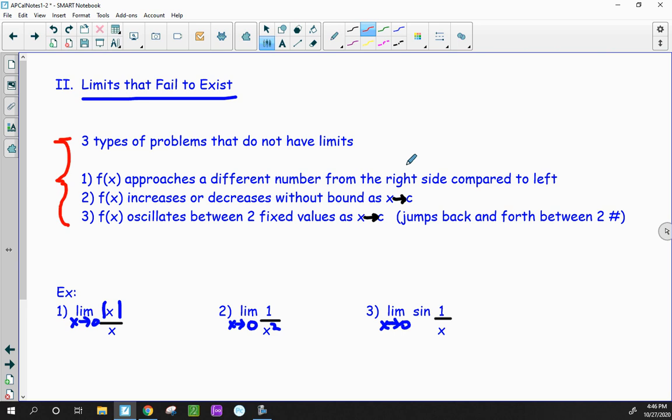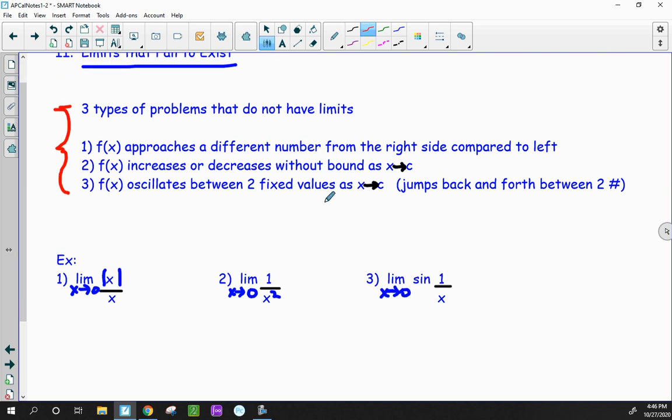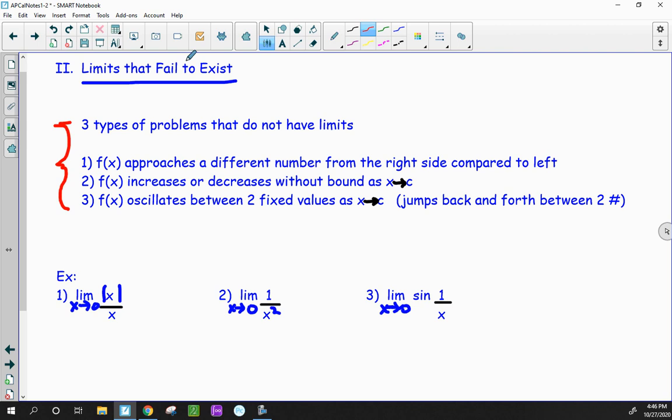That basically means that if it jumps back and forth between two numbers, going up and down, then you can't make the call as to what the limit of that entire problem is. And so, based on those facts, here are some problems that match these to make sure that you understand.